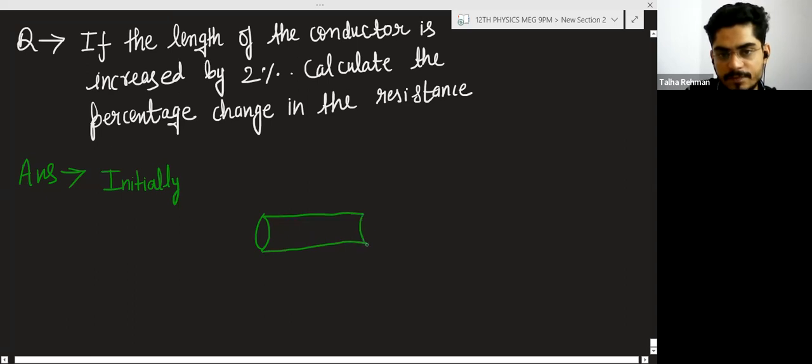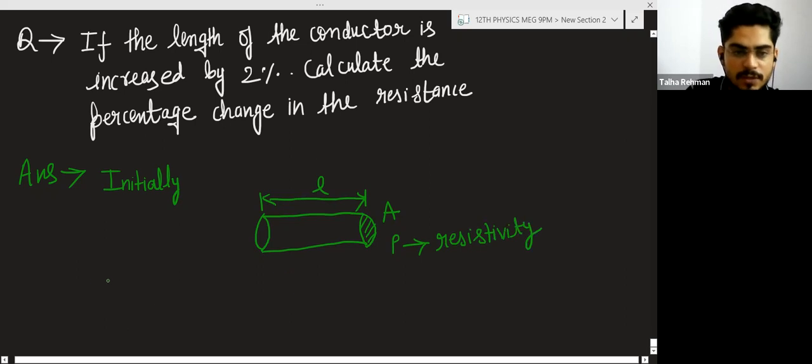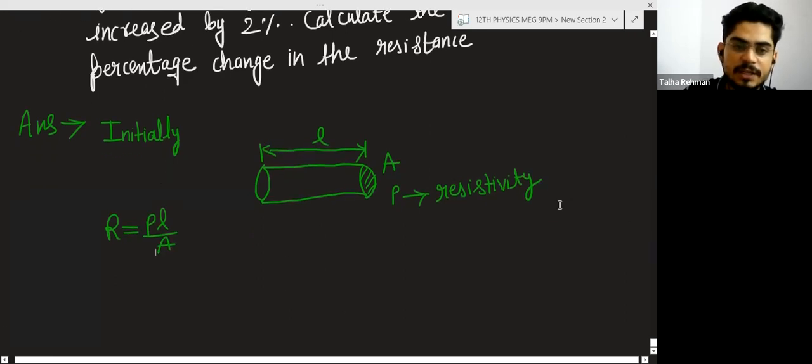This conductor has length L initially and area of cross section A, and rho is the resistivity of this conductor. So we have the formula R equals rho L divided by A. This is the initial resistance, R initial equals rho L divided by A. Simple. This is equation 1.